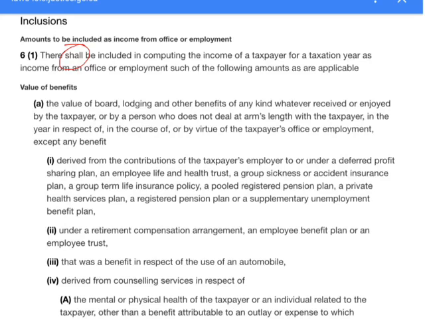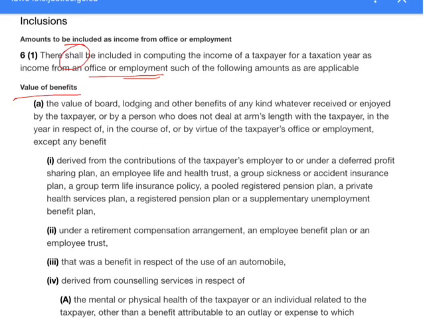So there shall be included in computing the income of a taxpayer for a taxation year as income from office or employment. Now, for our purposes, we're going to continue to talk about employment income. For the Income Tax Act, the two terms are synonymous. And it says that we're going to include such of the following amounts as are applicable. And it starts with value of benefits.